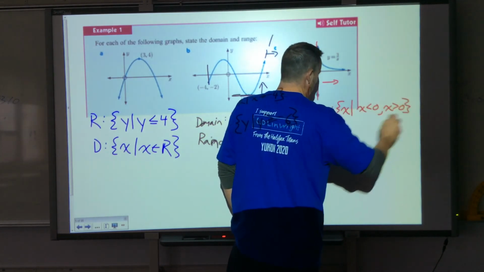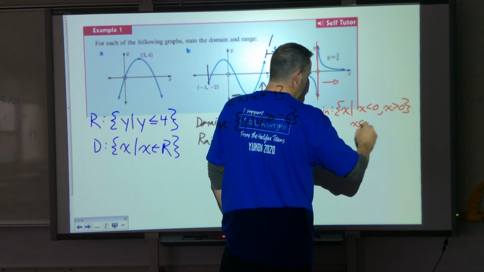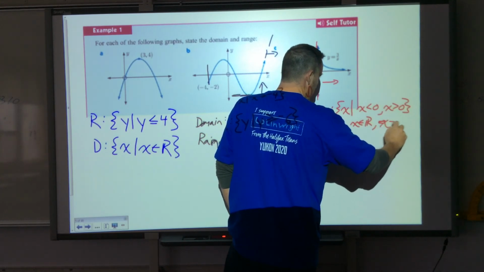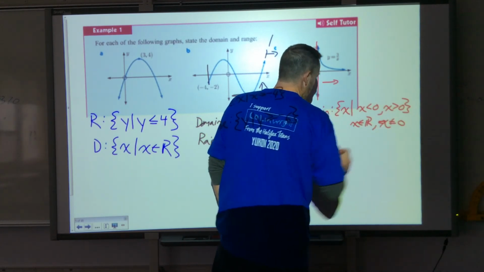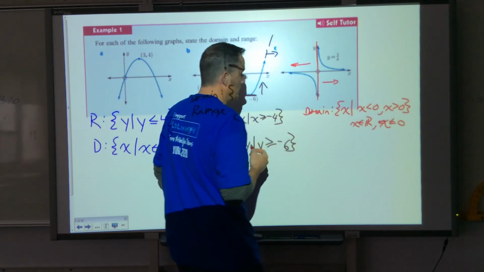Or we can write it that way, or we can say x is contained in real numbers, but x does not equal 0. That's another way to write it. There's always going to be different ways, and people are going to see different things.